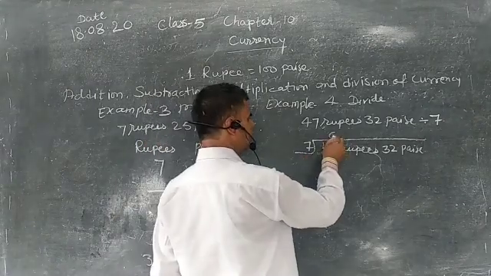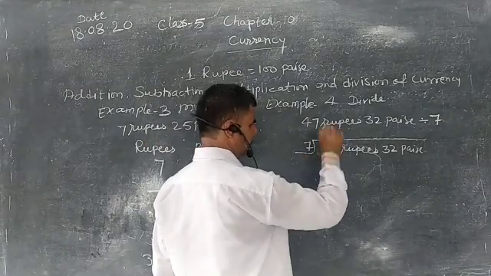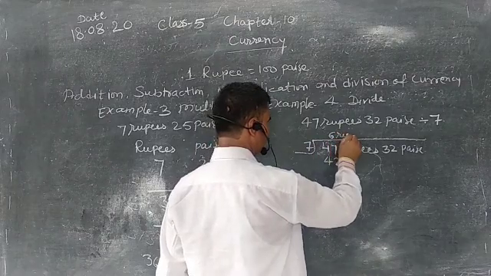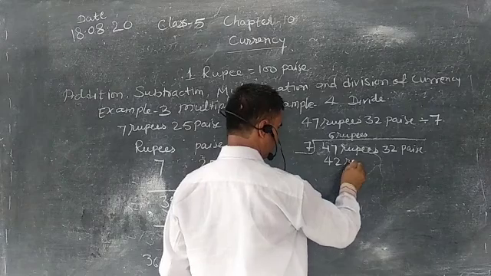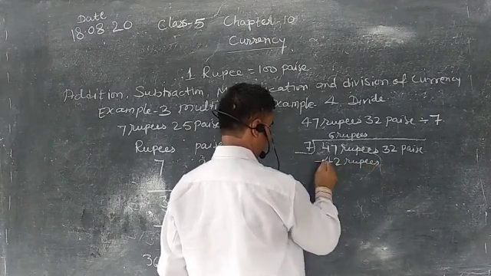So 7 6s are 42, means 7 into 6 rupees and that is 42 rupees. Now we subtract.